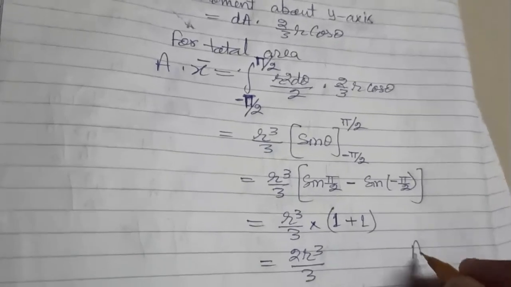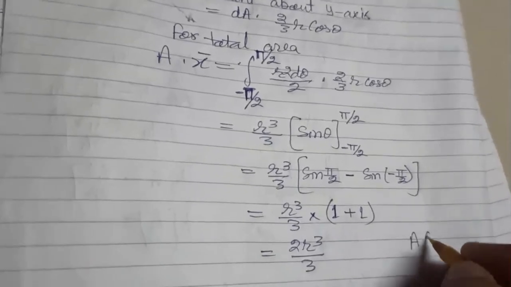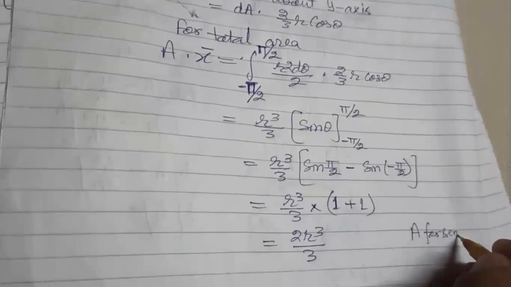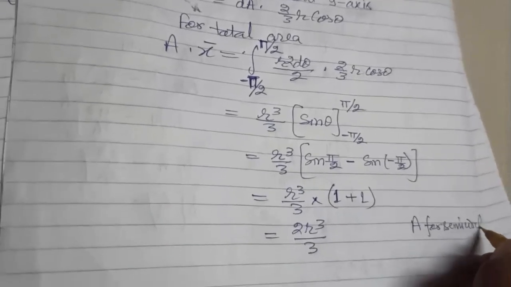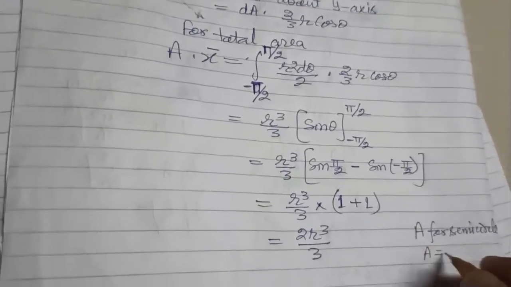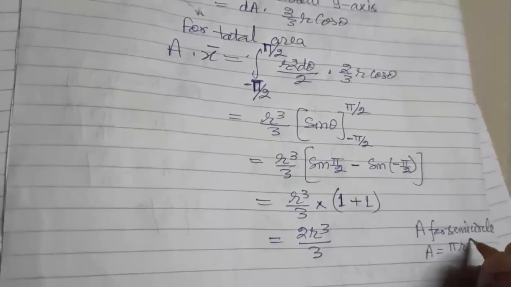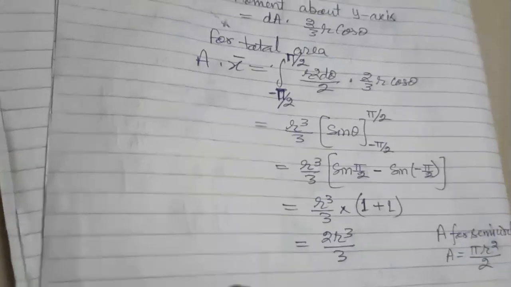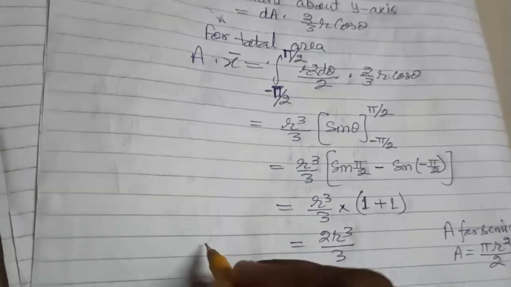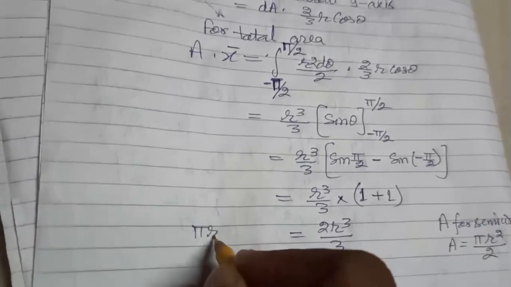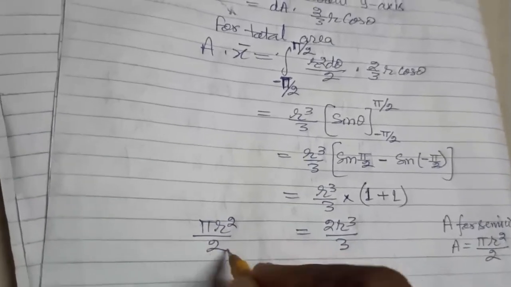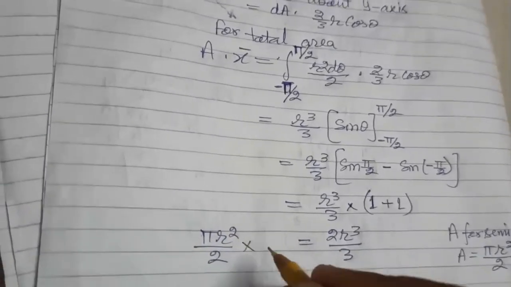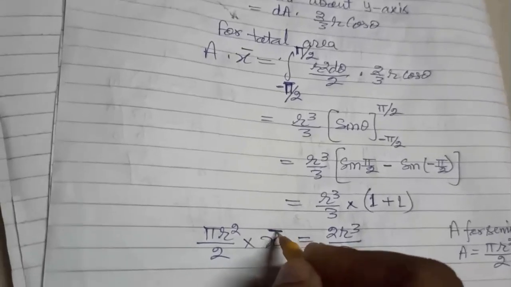and the total area A for a semicircle is pi r square by 2. On putting it on the left-hand side, pi r square by 2 into x bar.